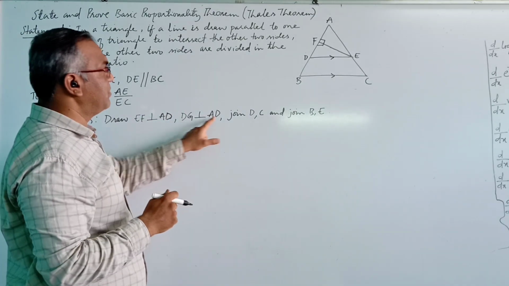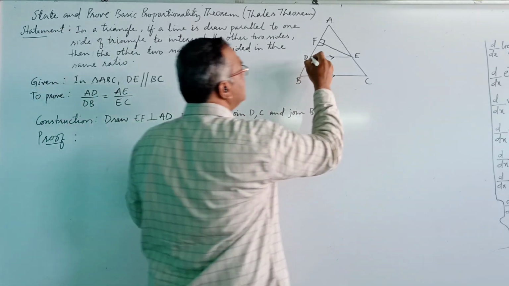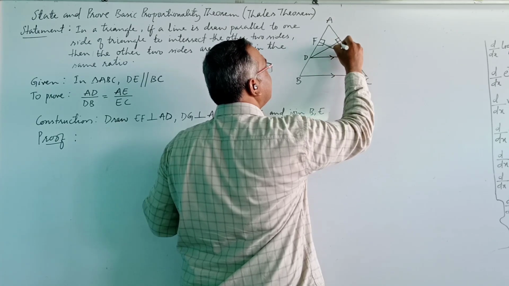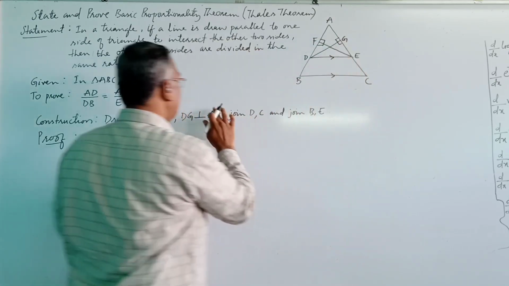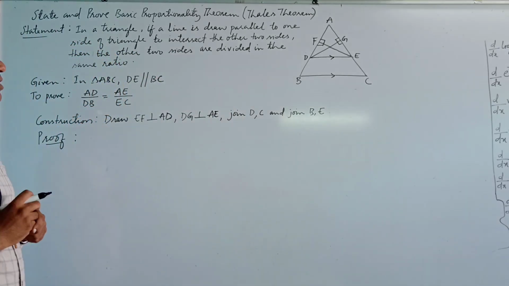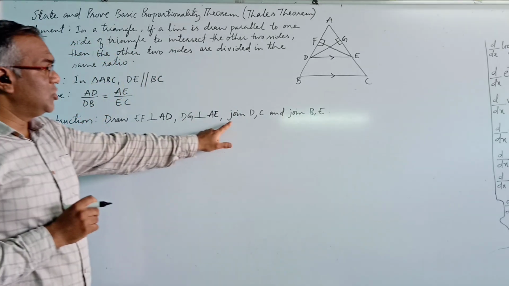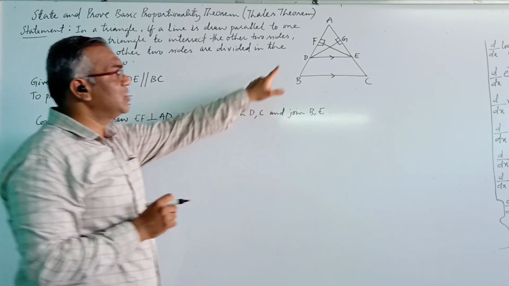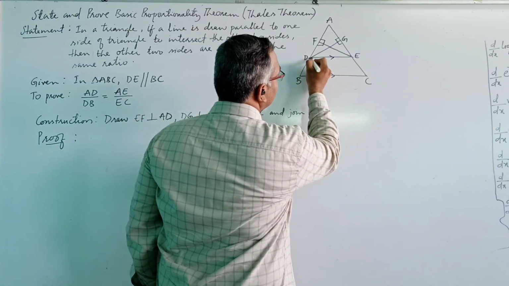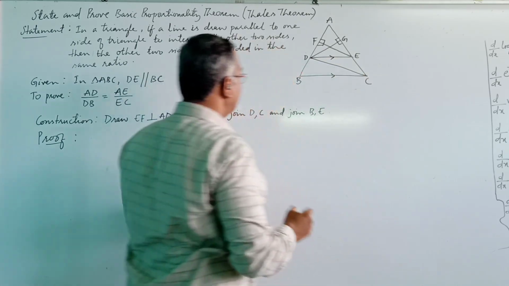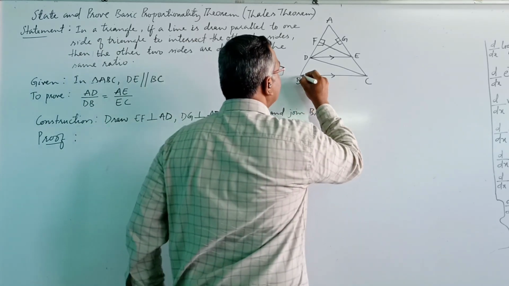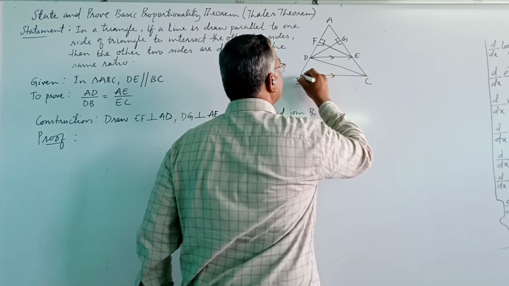And DG perpendicular to AE. Join the points D and C. Join them. And also join B and E. That is also key in the construction, right?